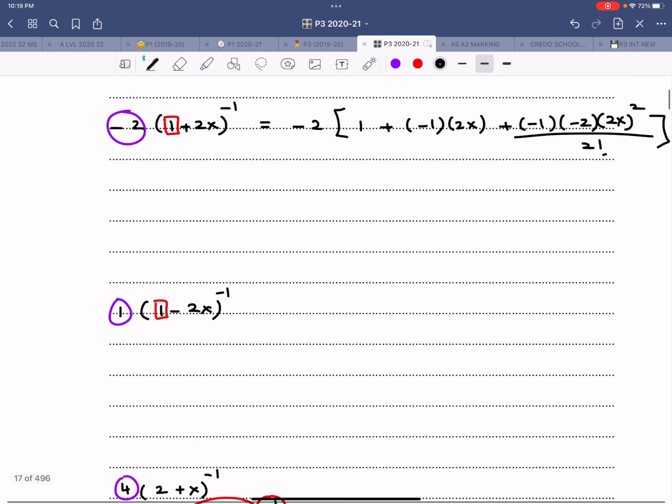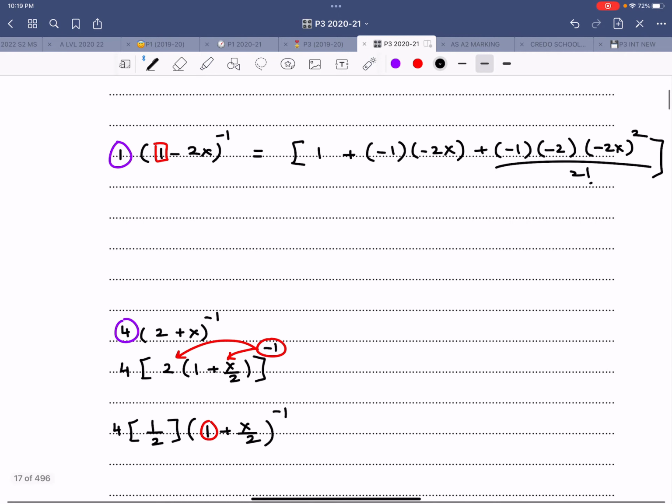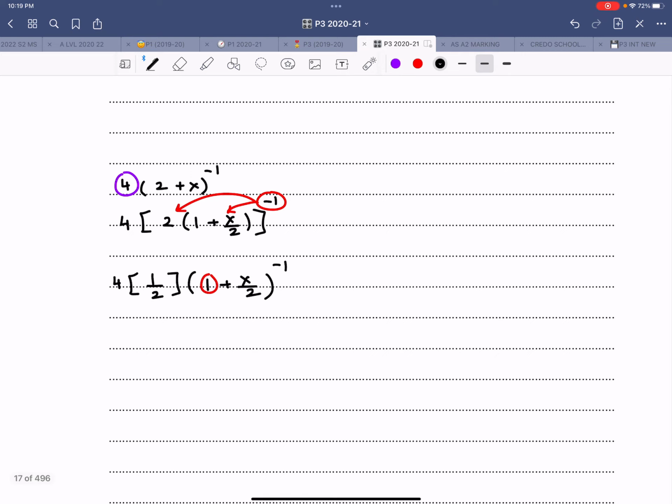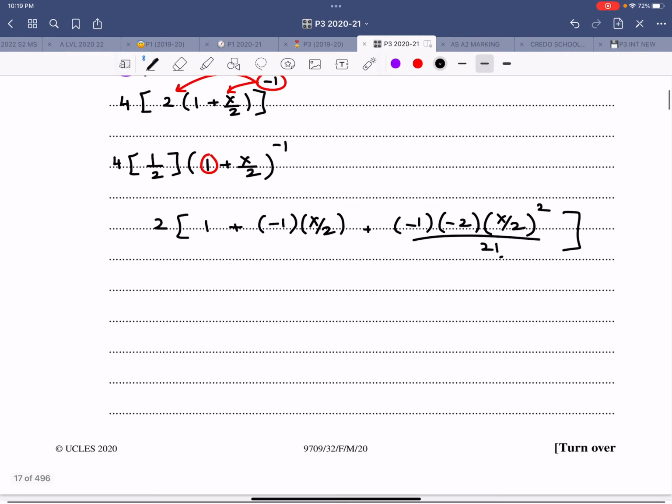The same goes over here: 1 and minus 1 negative 2x and then minus 1 minus 2 and then negative 2x, the whole thing square over 2 factorial. You would simplify this. Over here this becomes 2, 1 plus minus 1 x over 2 and then minus 1 minus 2 x over 2 whole square over 2 factorial. Simplify all these three, add it up, you get the answer.